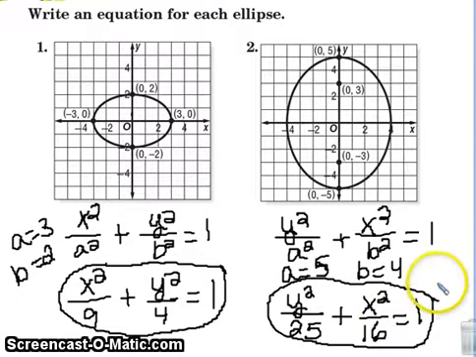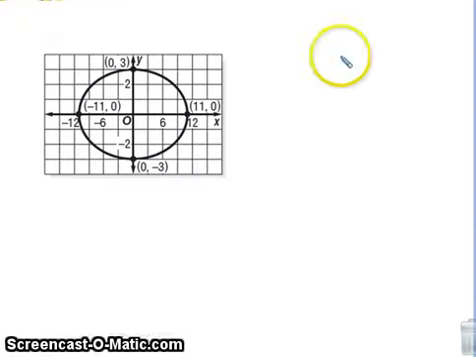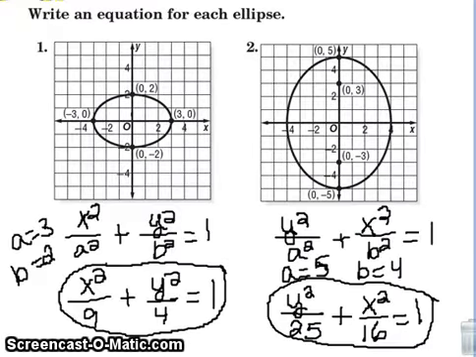Well, these are level 1. Let's stay at level 1. Let's look at this. Go back, go back. That was level 1.